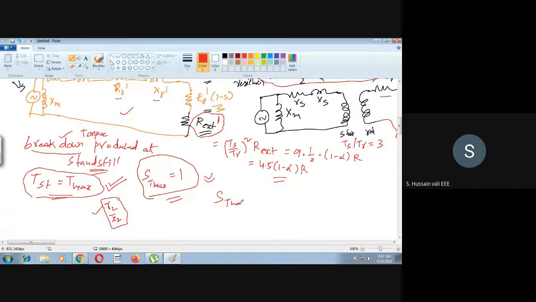T max is equal to R dash by RS square plus XS plus XR dash whole square. Yeah, we will bring this equation now.